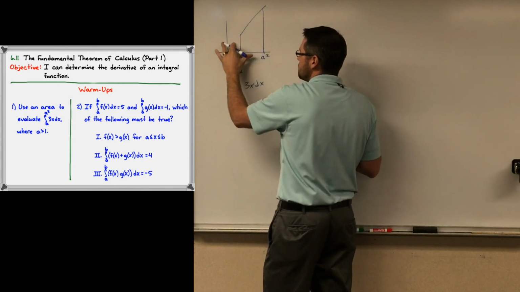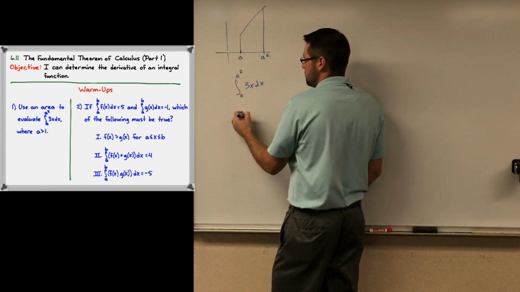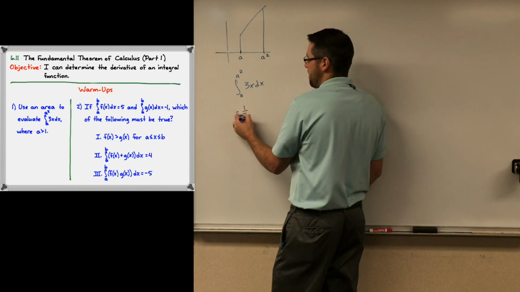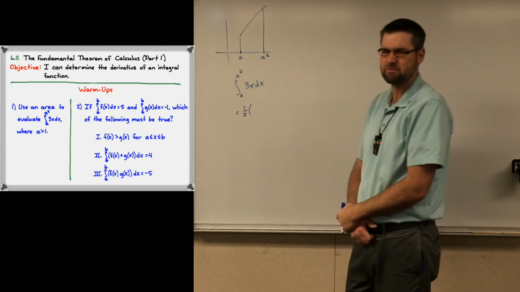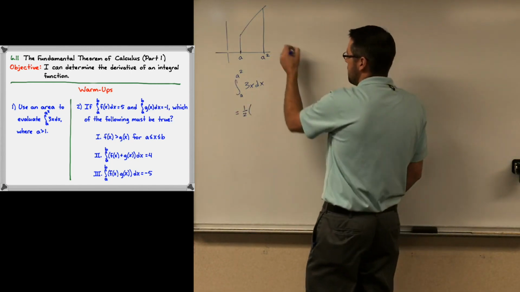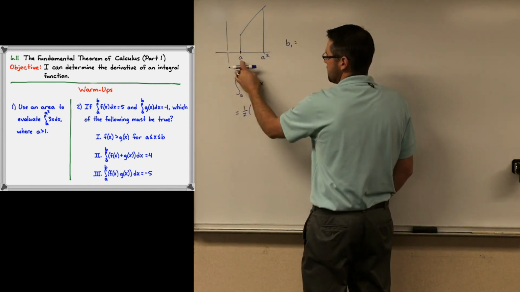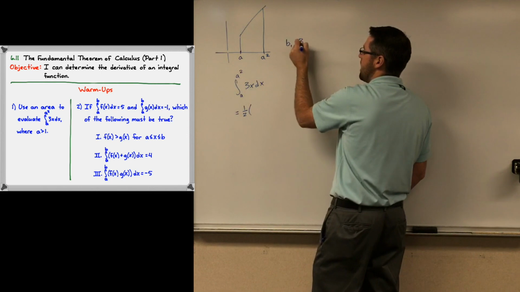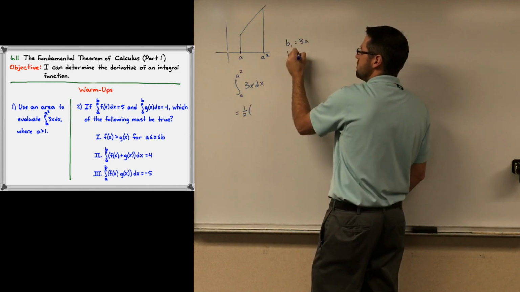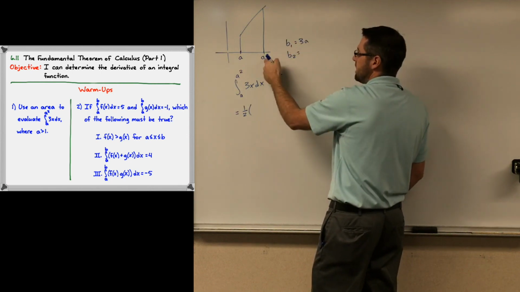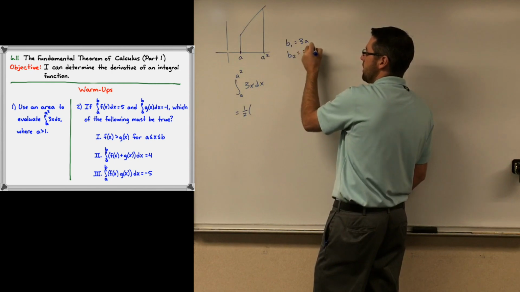Making a trapezoid. So that would be equal to, the area of the trapezoid is 1/2 of, what's b1? Let's do this. b1 is this height, right? And I take a and I plug it in, so I get 3a. And b2 would be what? Plugging in a squared, so you get 3a squared.